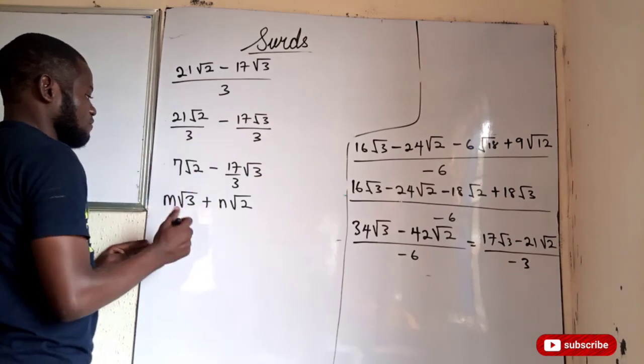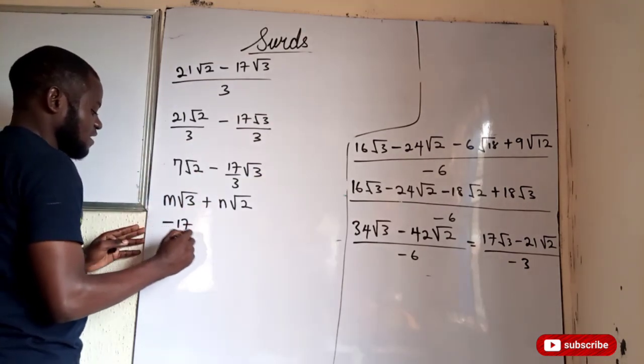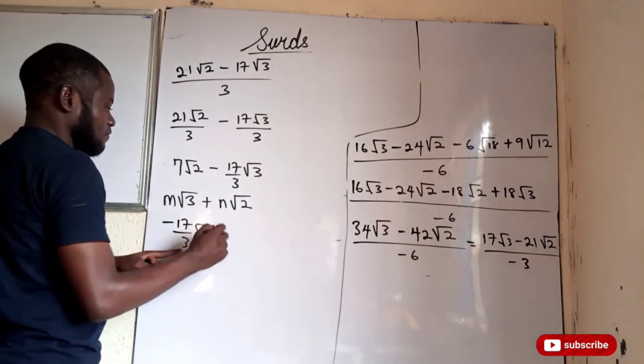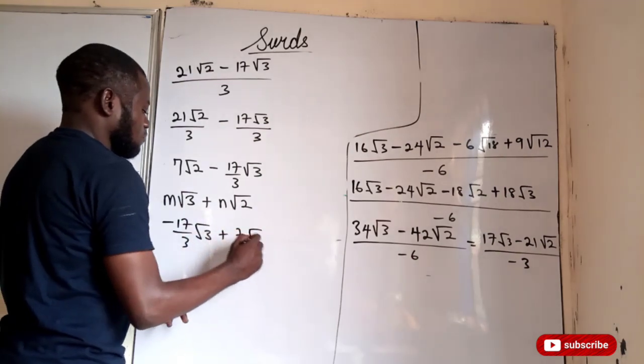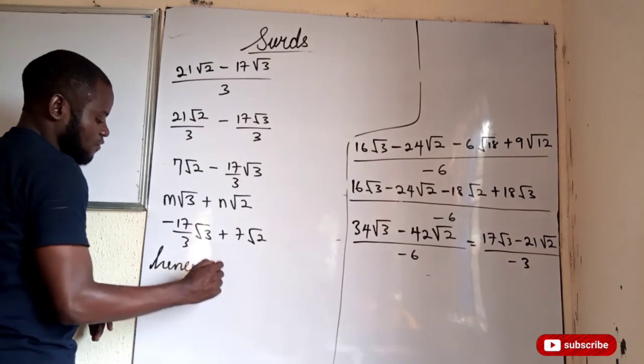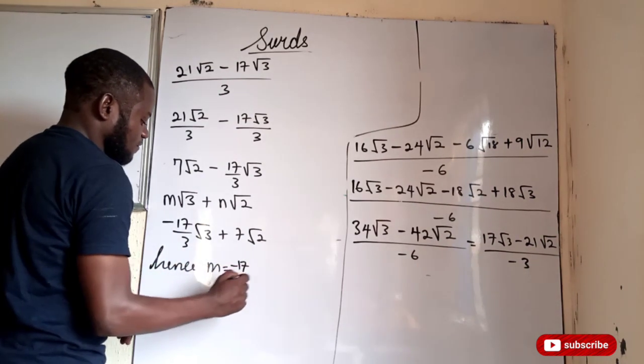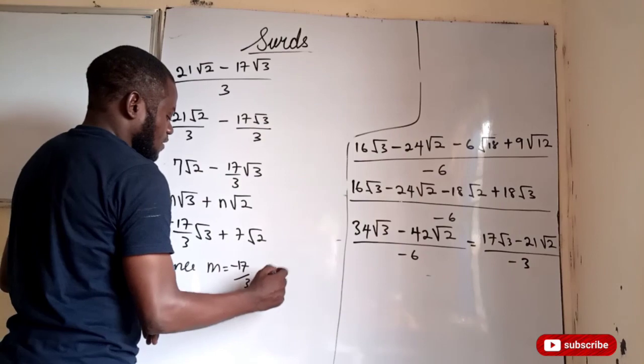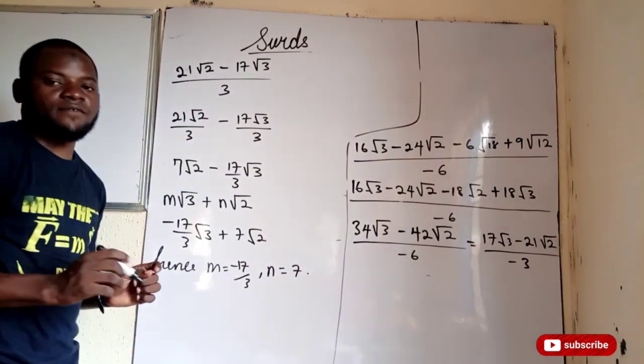Our result is just going to be negative 17 over 3 root 3 plus 7 root 2. Hence, m is equal to negative 17 over 3 and n is equal to 7.